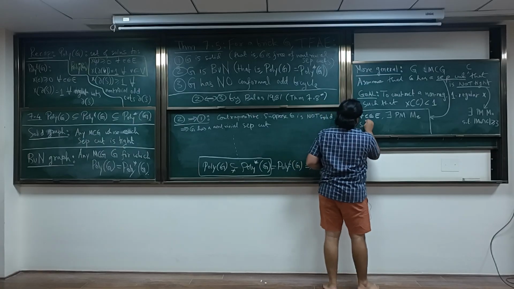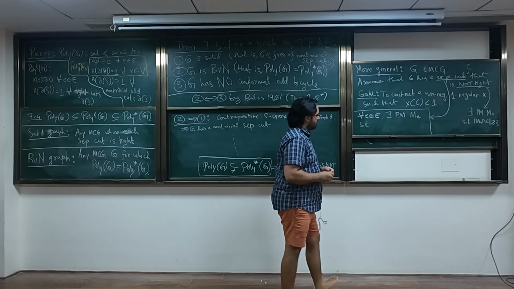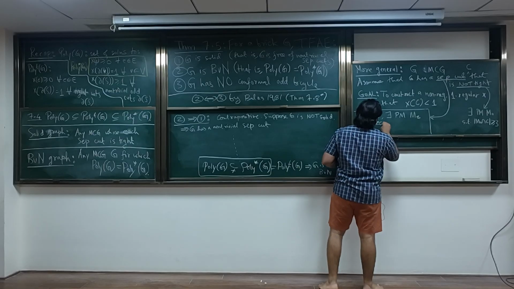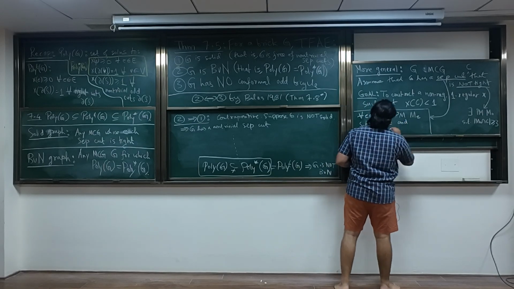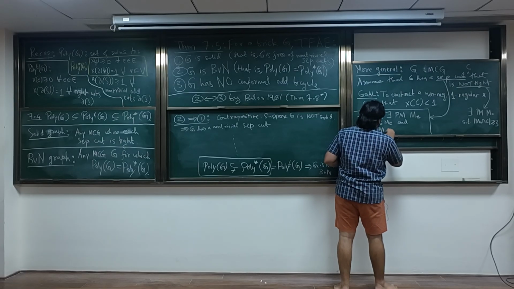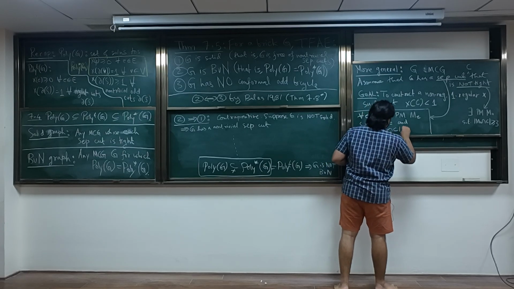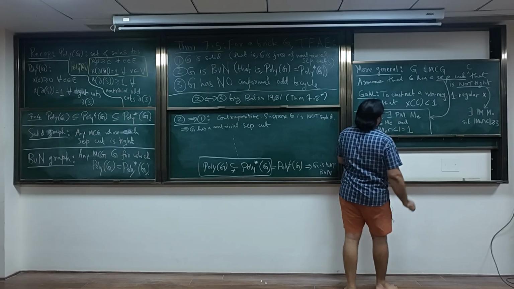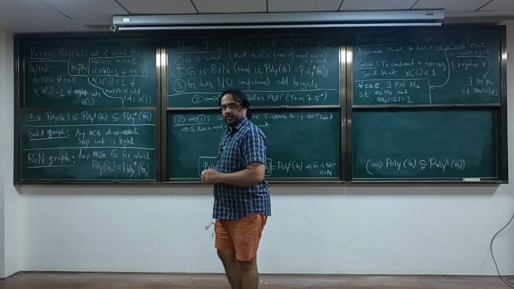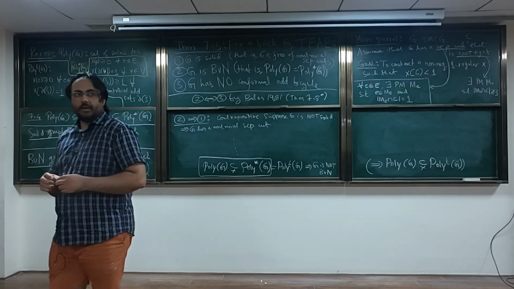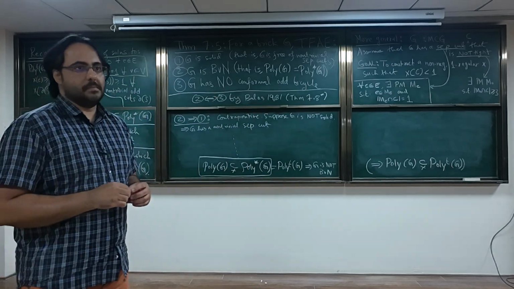such that e belongs to M_e and M_e uses precisely one edge from the cut C. The hint was use all of these to construct the vector x.